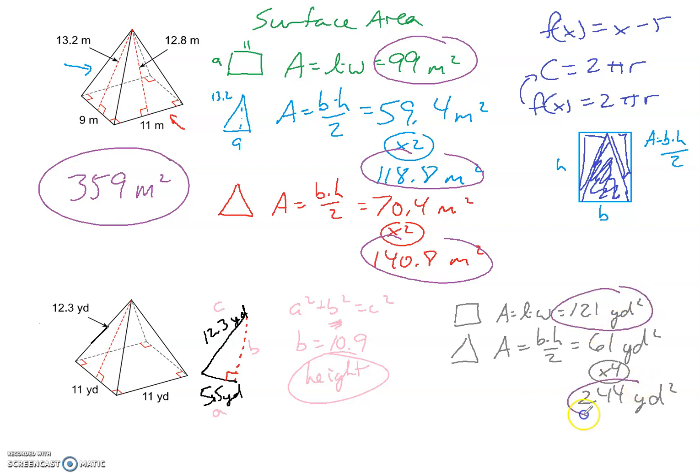My 4 sides put together are 244. So my total surface area, if I add this all up, will be around 365 square yards altogether. Depending on how you round off and how many decimals you keep, your answer will be a little bit different than mine. It doesn't make that much difference. As long as you're on 365, you are probably good to go.